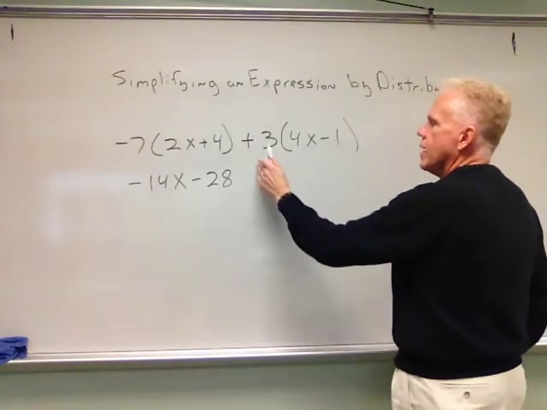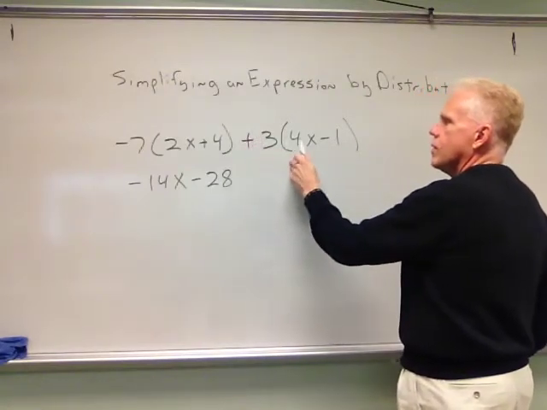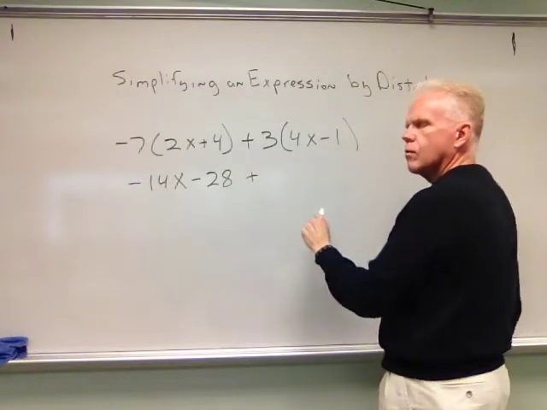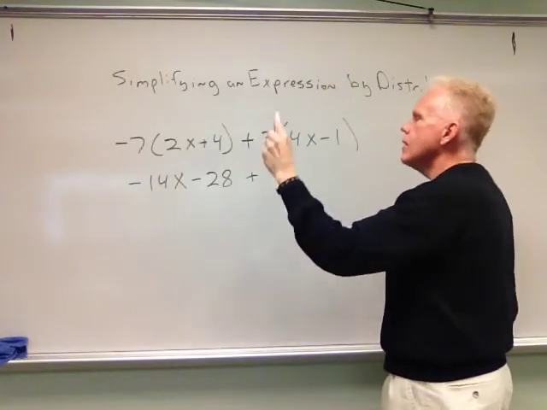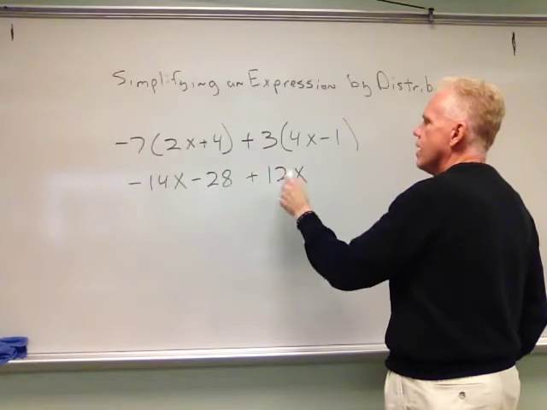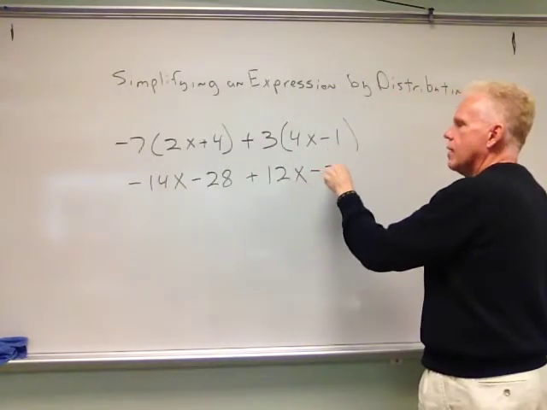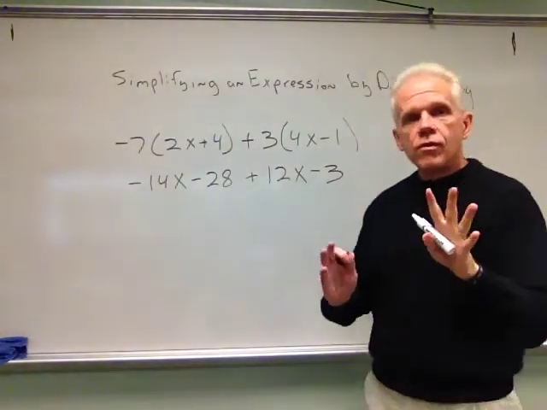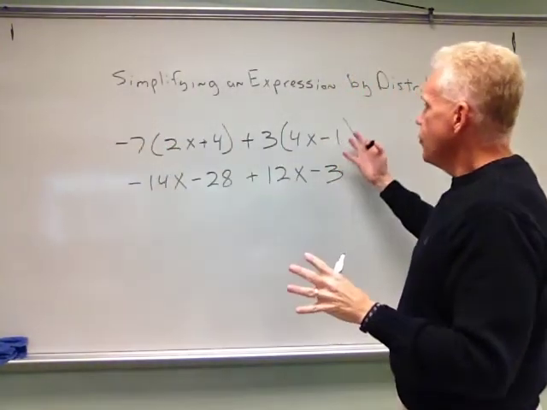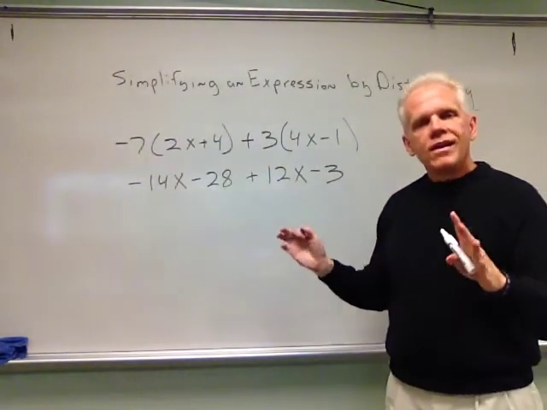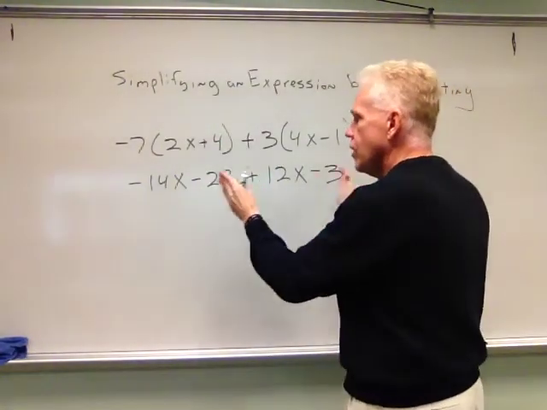So what we've got right now is positive 3 times positive 4x is going to be a positive, what's 3 times 4? Oh, I know, 12x. And then a positive 3 times a negative 1 is a negative 3. Okay, so we use the distributive property in this expression twice up here, and we were able to get rid of our parentheses.